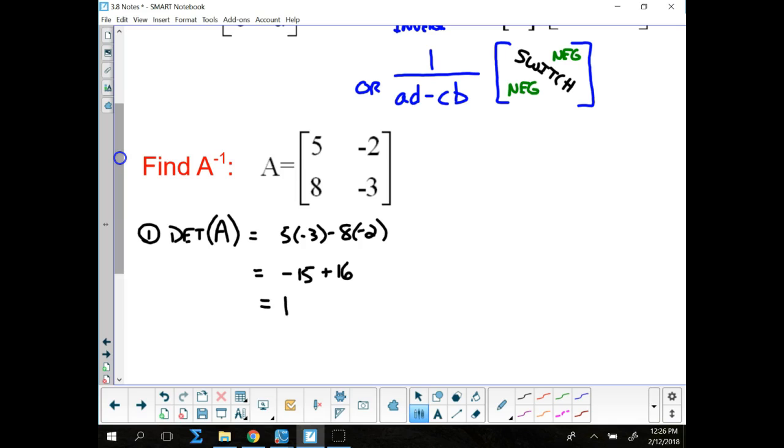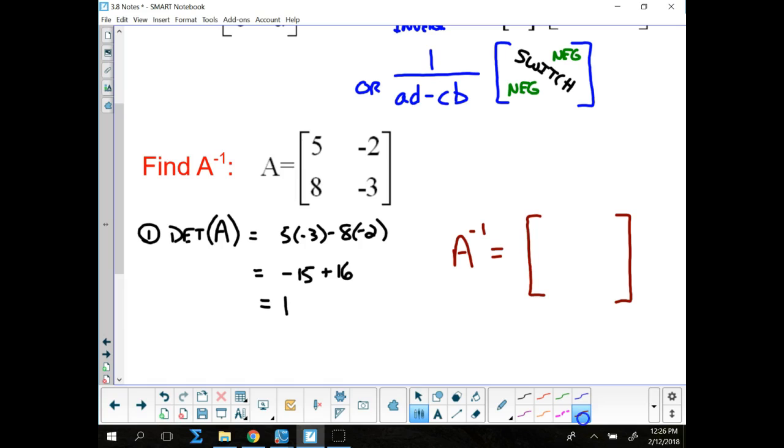So my inverse matrix is going to be 1 over 1. Do I need to write 1 over 1? No. So I'm good there. Okay? So then I do what with the main diagonal? Switch them, right?